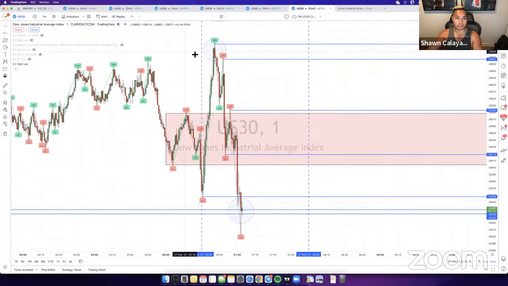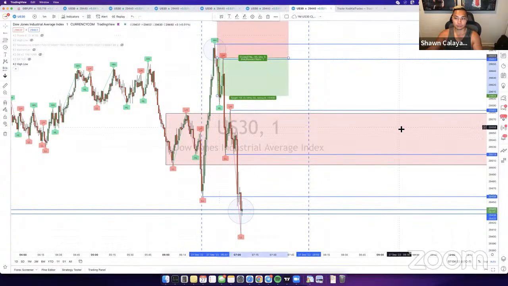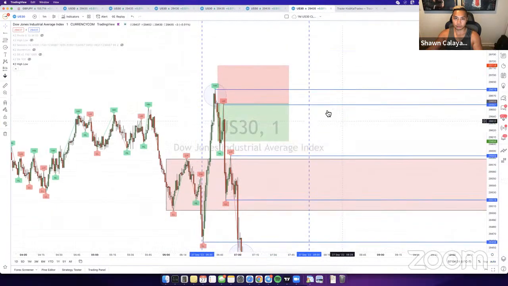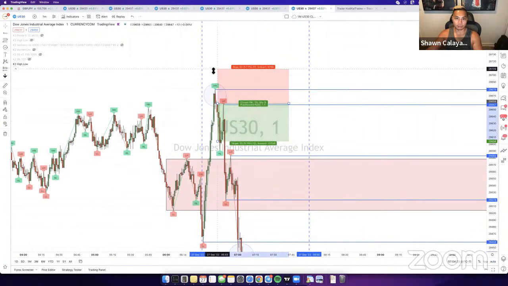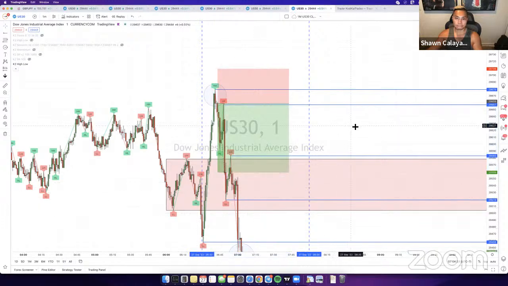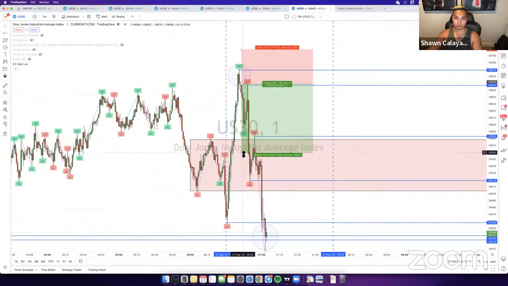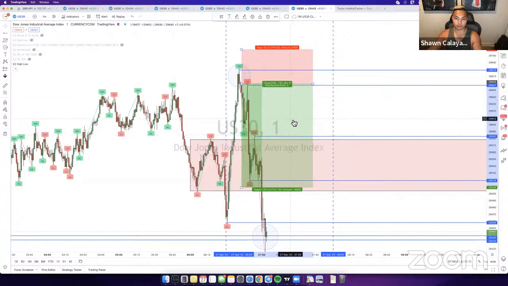You could have probably taken this for a nice move if you wanted to take something speculative, right? 500 pip stop loss, 1,000 pip TP down here. This could have been a huge 2-to-1, or even 3-to-1, if you wanted to look for something like that.